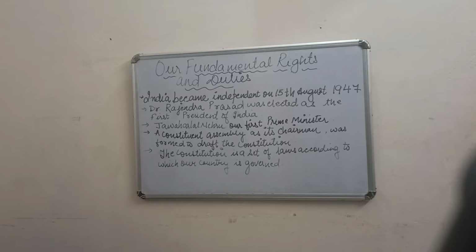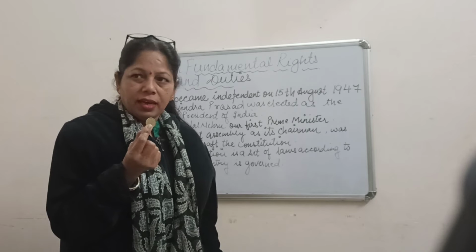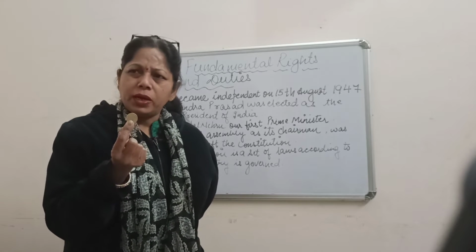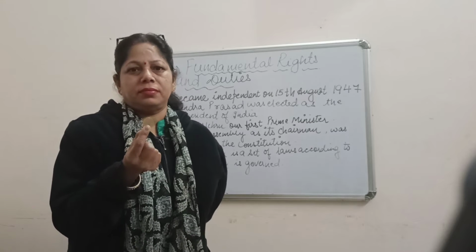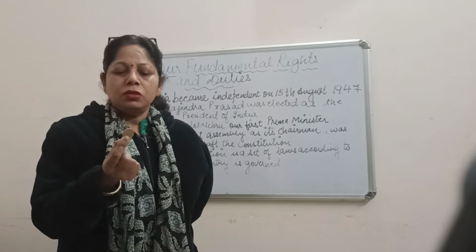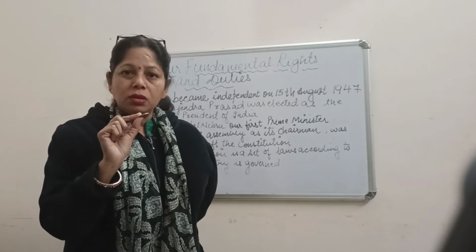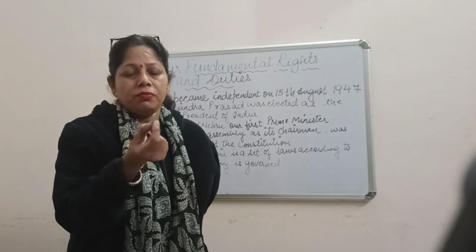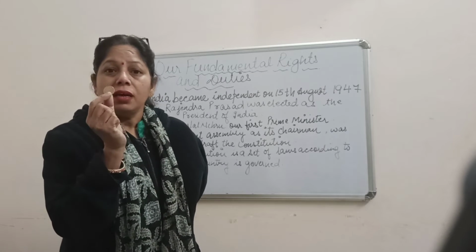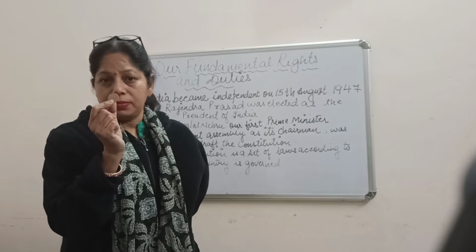So as I say, the rights and duties are the two sides of the coin. It means that if I show you this coin and I ask you, okay, go and get the lace. But when you go, the shopkeeper says, oh, this coin does not work, because it does not have the other side where the amount is written.